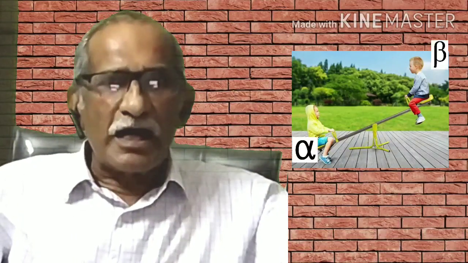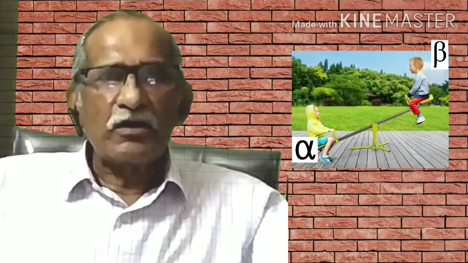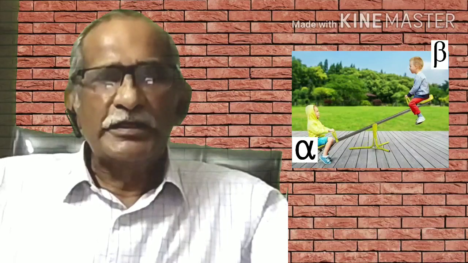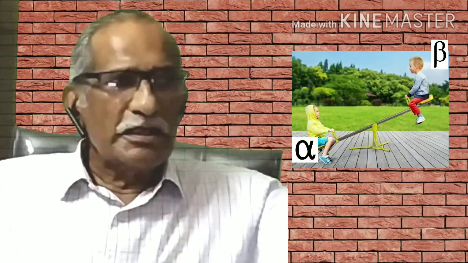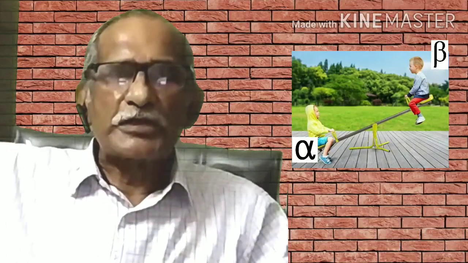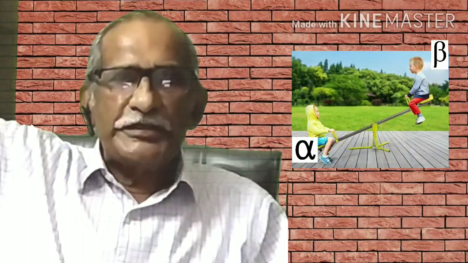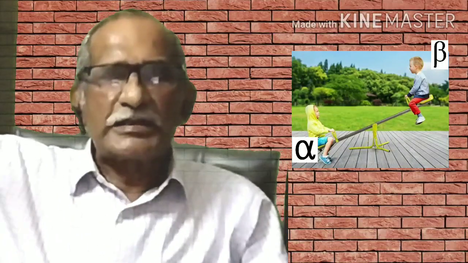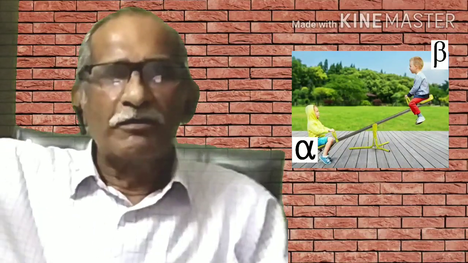So suppose that on that bar at one end, the probability of type 1 error alpha is sitting, and on the other end, the probability of type 2 error beta is sitting. If alpha is pushing down, beta goes up. If beta pushes down, alpha goes up. So it is like a seesaw.